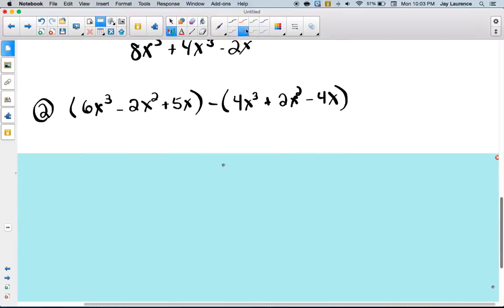Okay, now I've got to be careful on subtraction because I have a negative in front of the quantity, which means I have to distribute the negative. I'm going to apply the negative to all the terms.